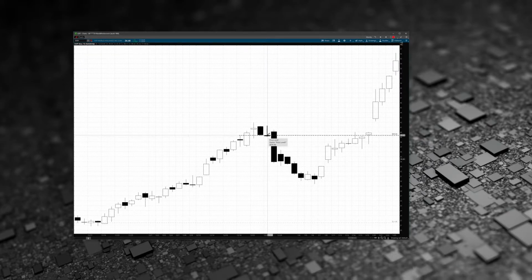It tried to hold support here and then failed. Resistance, support, resistance, up. R, S, R. And inverted, it would be S, R, S. That gives us a higher likelihood of things working out.